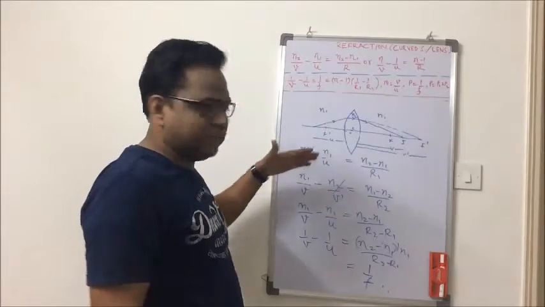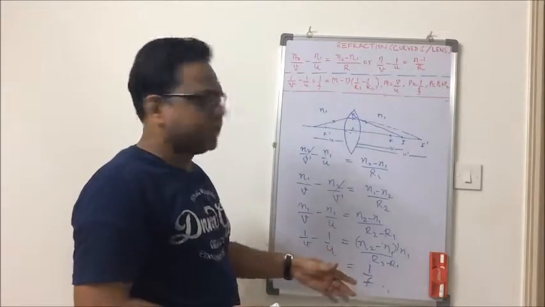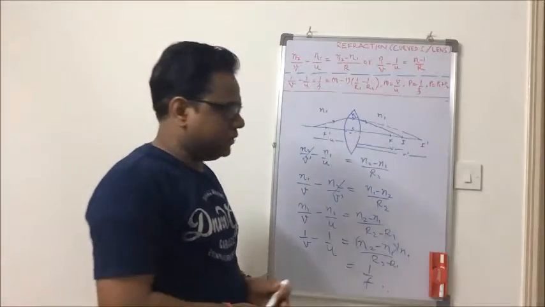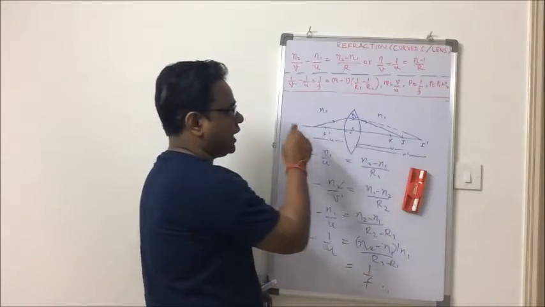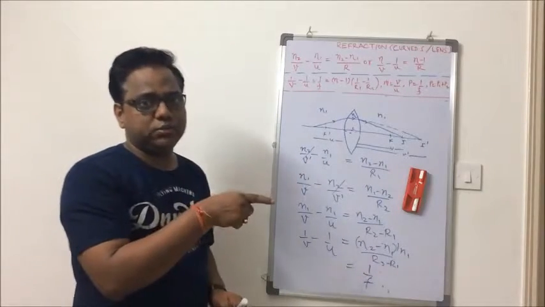So that's what we did, and we just summed it up, and both got cancelled. So very straightforward. Now what we will do here, again we took the example of a point object.